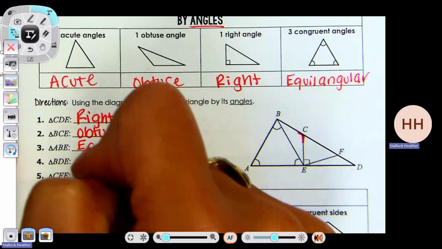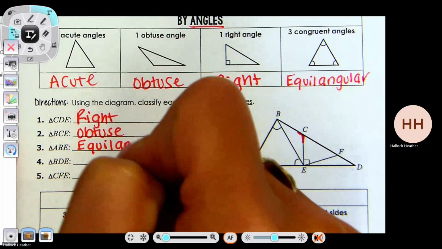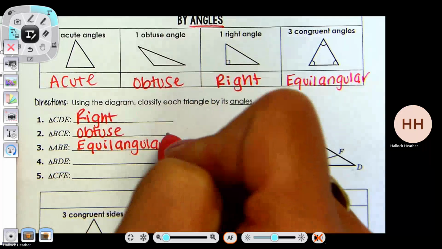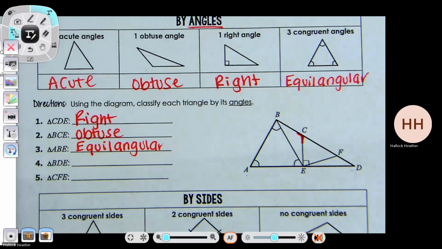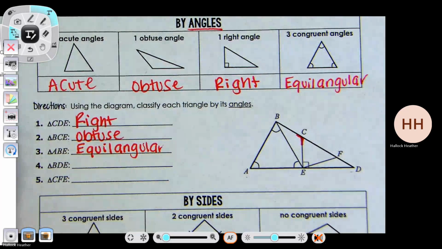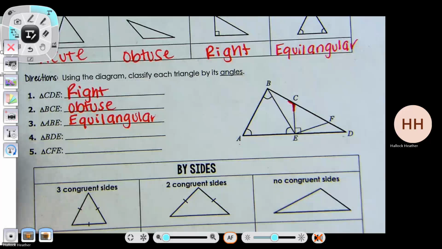Take a second. Try by yourself. Okay, so what is BDE?